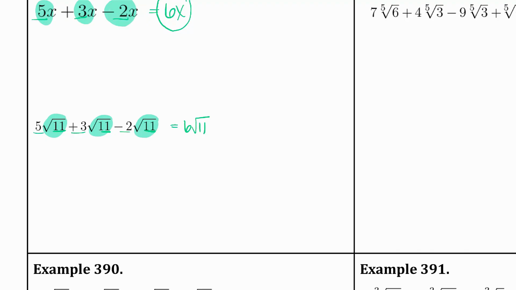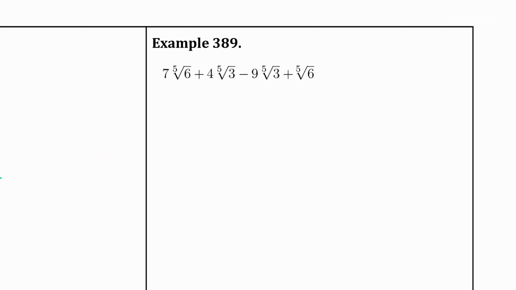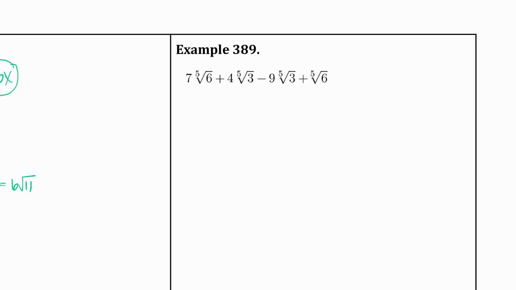It does not change. So for example here, we have all fifth roots. So now we just have to see which ones we can combine. This is a fifth root of 6. This is a fifth root of 6, so we can combine those. We have 7 fifth root of 6 plus 1 fifth root of 6 gives me 8 fifth root 6.